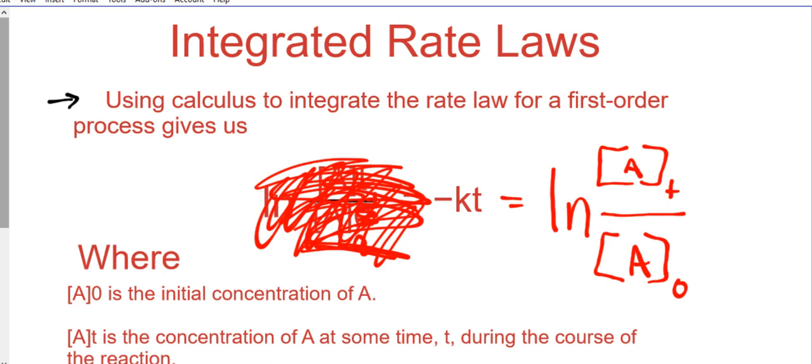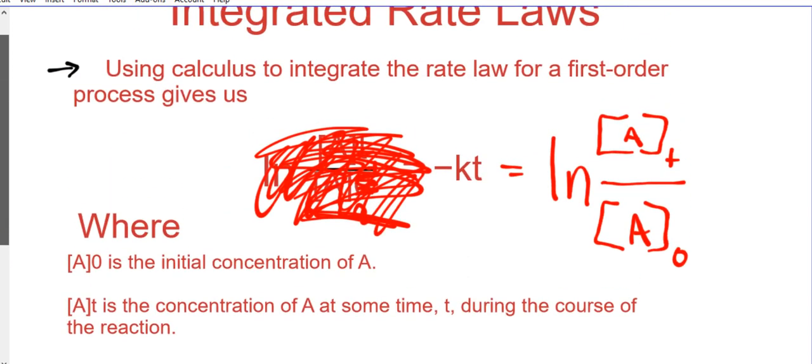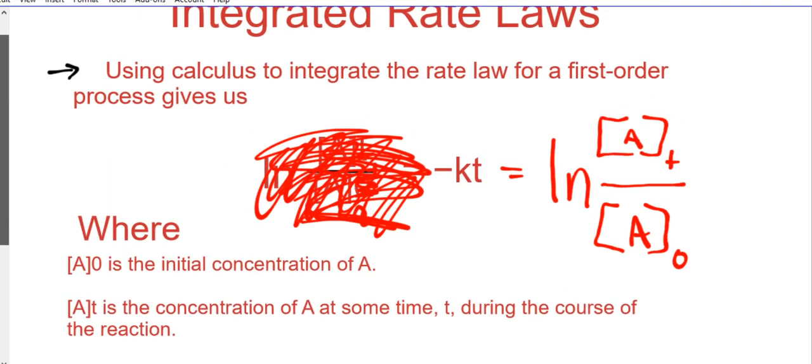All right, this is called the integrated rate law for a first order reaction. They are different for second order reactions because a second order reaction has a different equation. So if it has a different equation, the integrated version of that equation will be different.